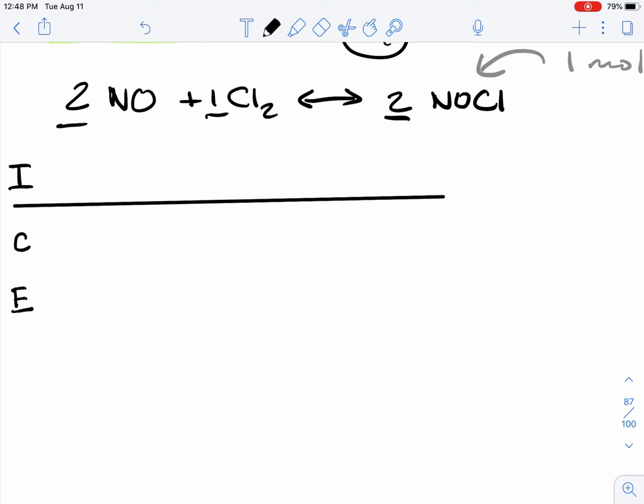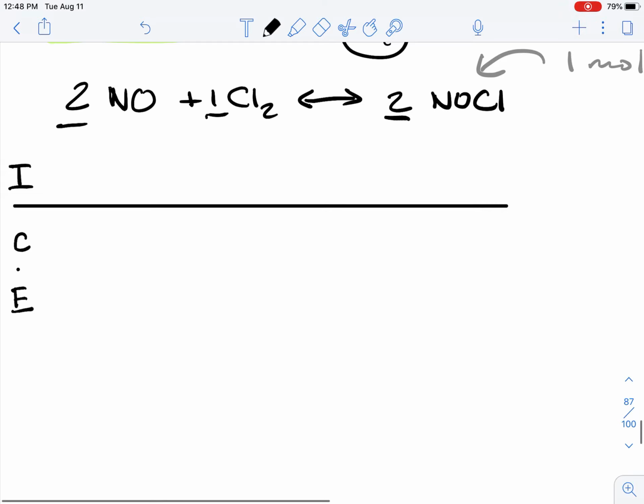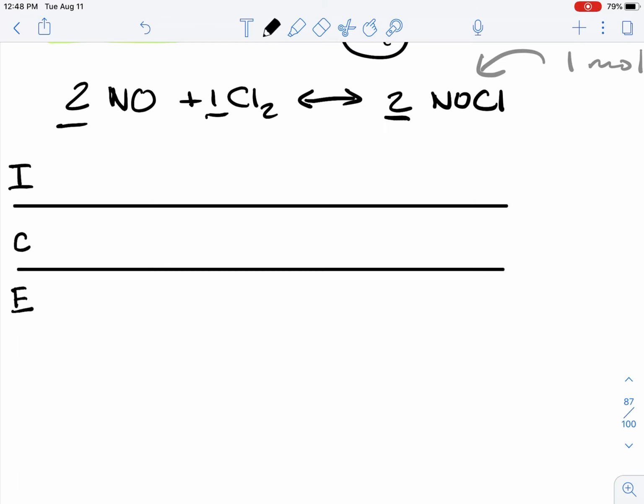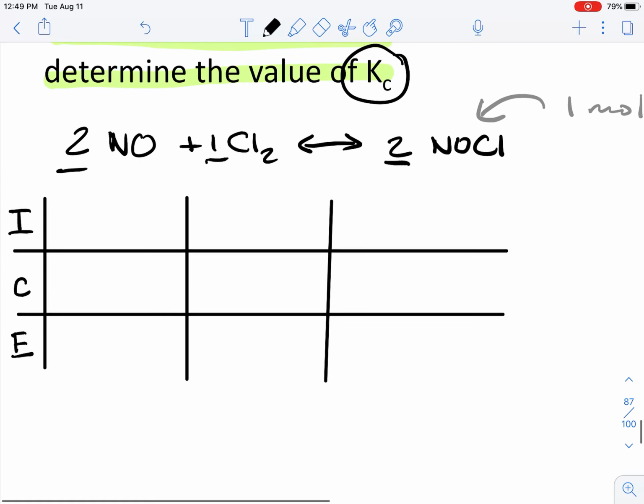I'm going to create a table that will help me organize the initial concentrations, the change in concentrations, and the equilibrium concentrations for each of these chemical species.